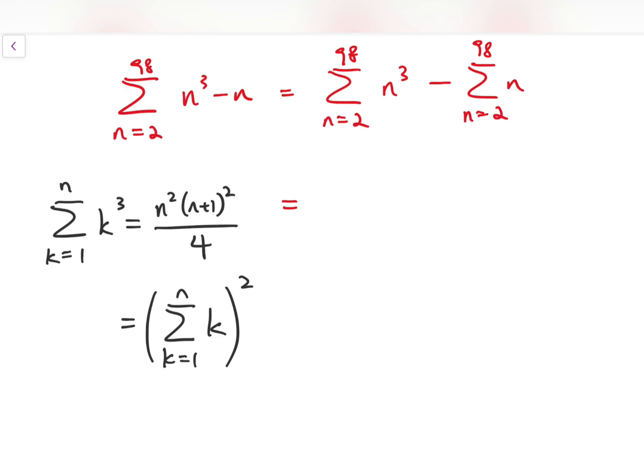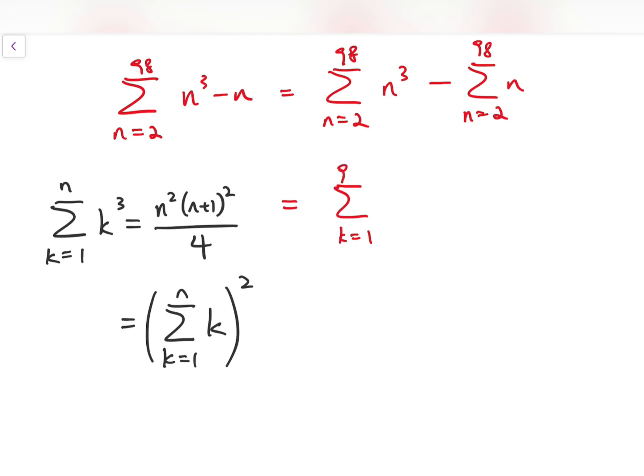So from this, you can do the original series. If I'm adding from 2 cubed to 98 cubed, then I can just consider that as adding the first 98 cubes and then minus 1, minus the first term.